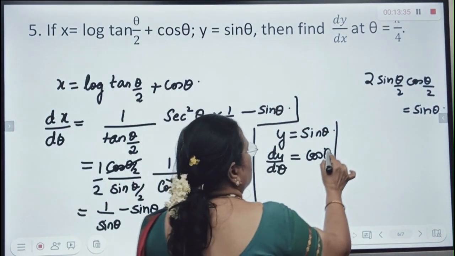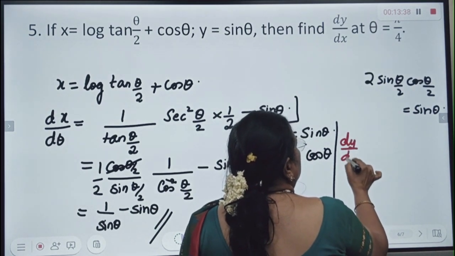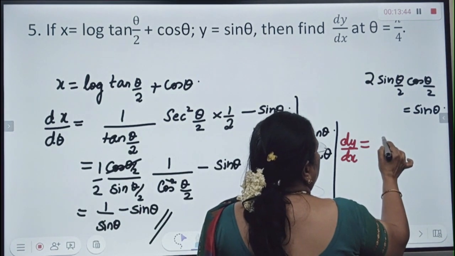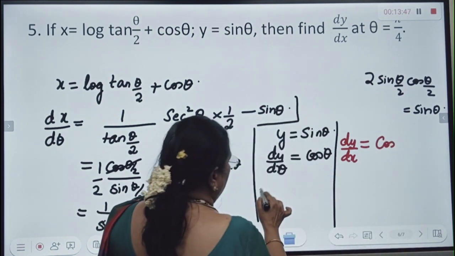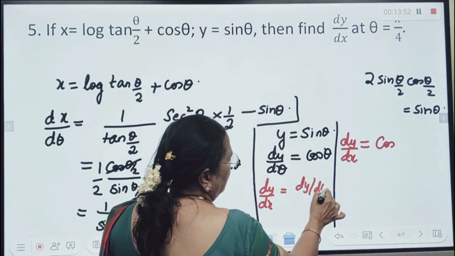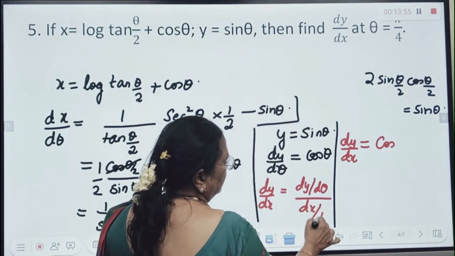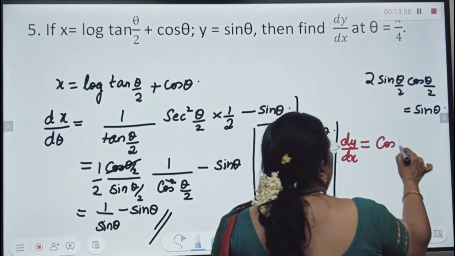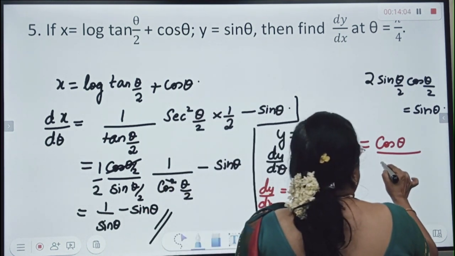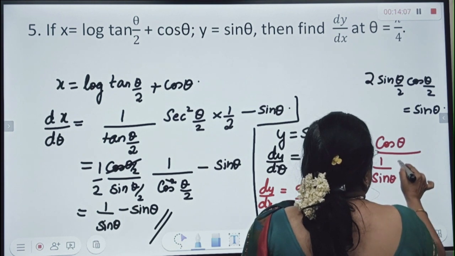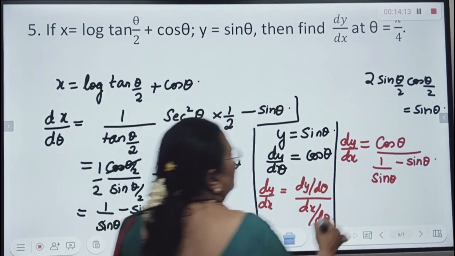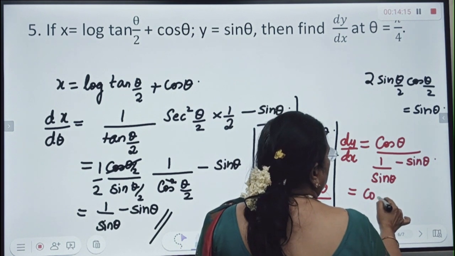Now dy by dx is equal to dy by d theta by dx by d theta, which is cos theta divided by 1 by sin theta minus sin theta.